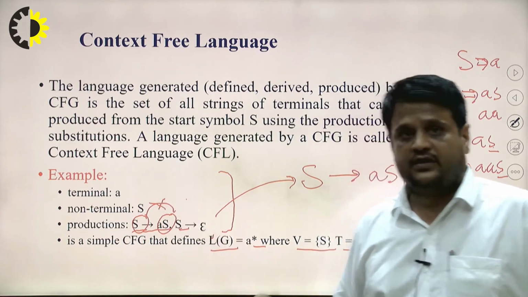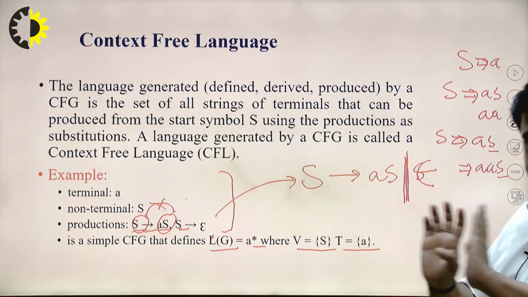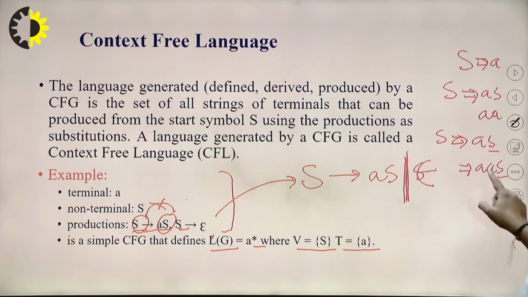This is not possible when you substitute the value using productions. So once again you apply this, and the value of S is replaced with the help of the production epsilon. So you will get AA.